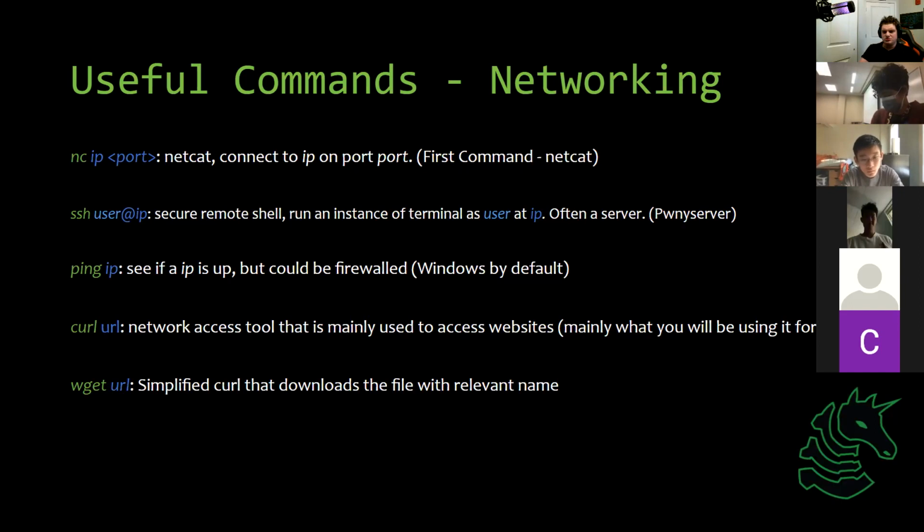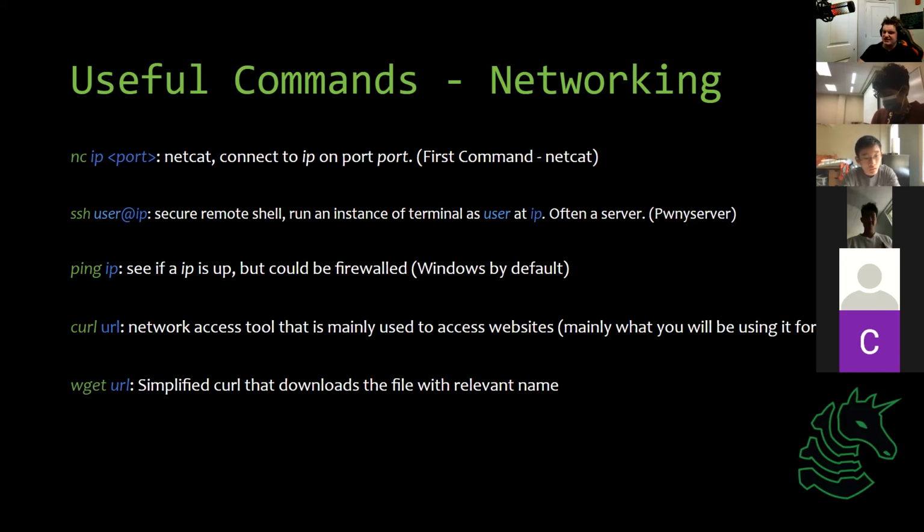And that's a way to directly open a TCP connection, a raw network connection, at IP on port. You don't need the word IP; you should replace it with whatever the IP is, and then you can connect to that port. The relevant challenge there is first command - netcat. If you go look for that challenge, you can practice doing that.